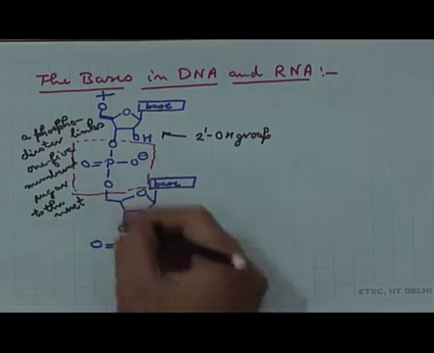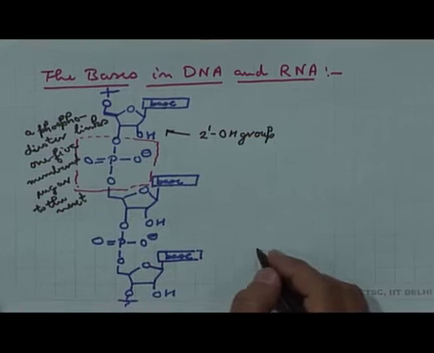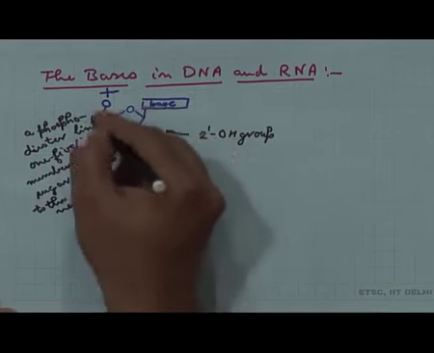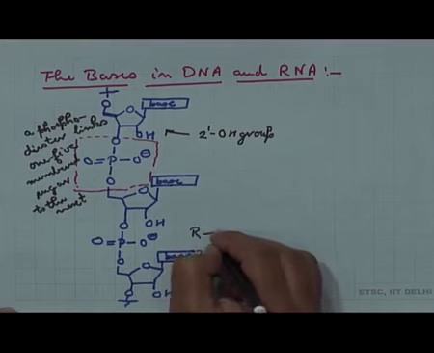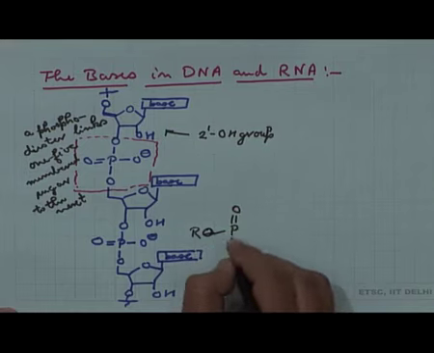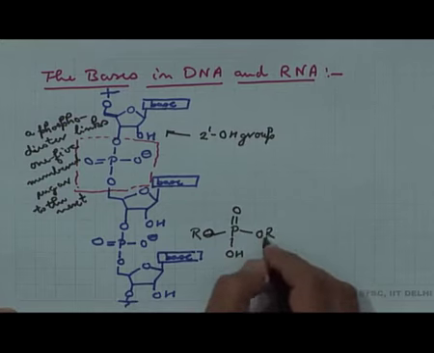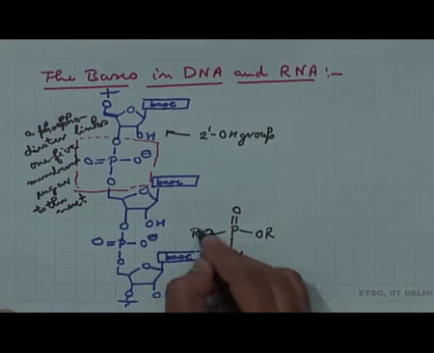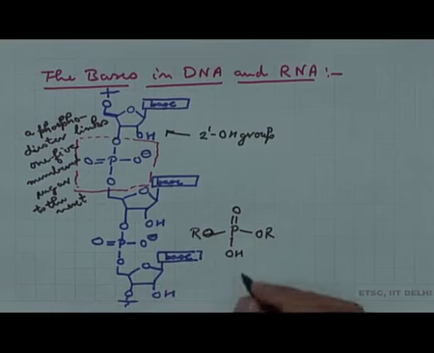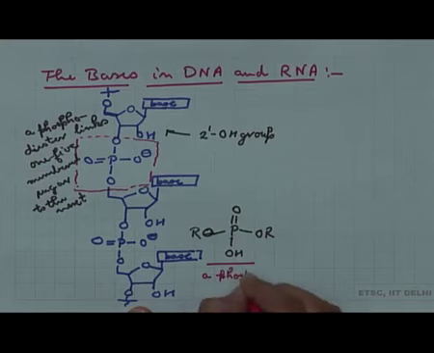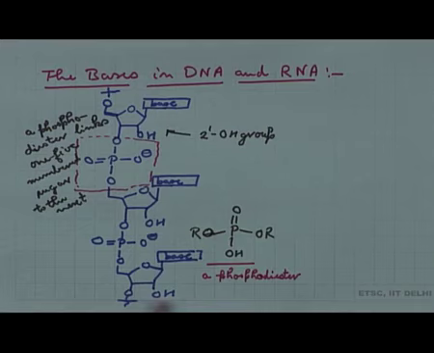We can represent a phosphodiester linkage as follows: this D-ribose with the R, attached through the oxygen, then this is phosphorus, and this O minus I can put as OH, and then again R. This is one D-ribose, this is another, and in between is the phosphodiester.